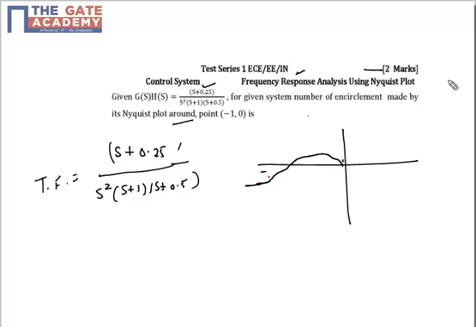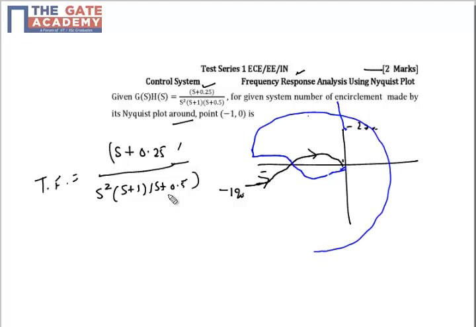It's going to start at -180 degree and end at -270 degree. Now, if you know how to draw the Nyquist plot, you just add the mirror image of the polar plot and complete the Nyquist contour.